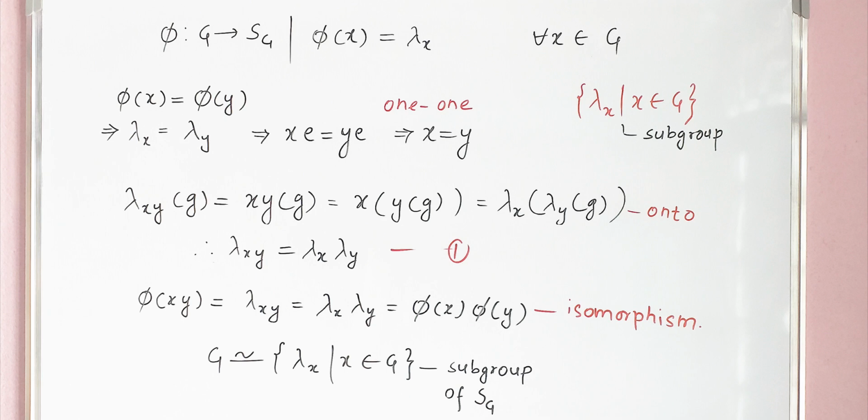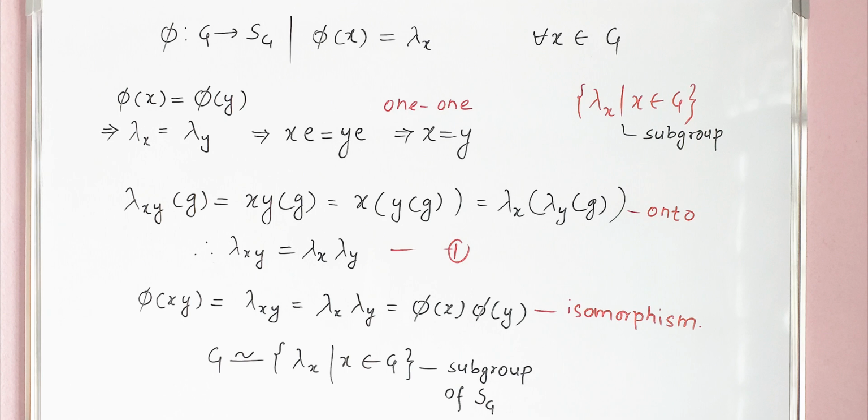Next, consider lambda_xy of g, that equals xyg from the definition of lambda, and that equals x times yg by the application of the associative property, and this gives us lambda_x of lambda_y of g.